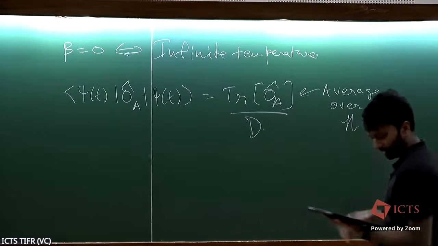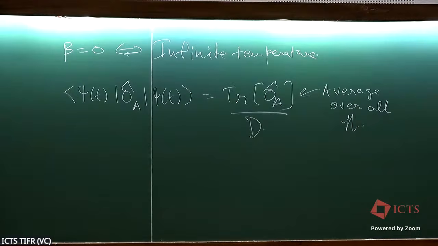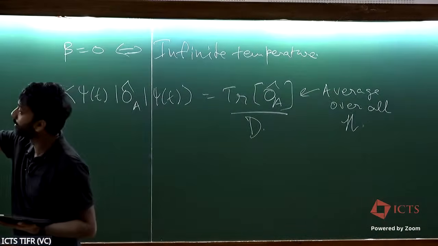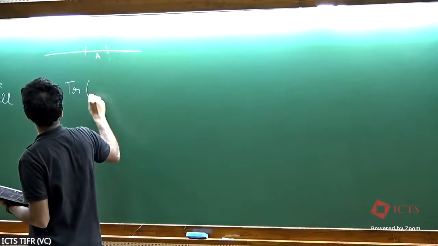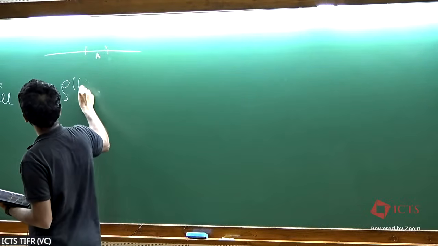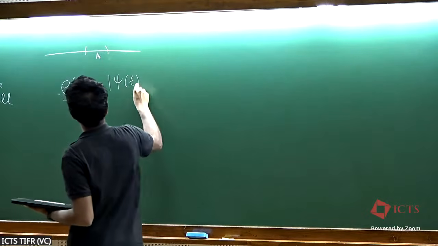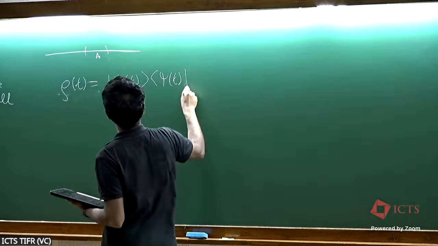So there are some consequences for things like entanglement and so on. So I'll just briefly describe those. If this kind of an equation should hold for all local operators, then you can also make a statement about the reduced density matrix. So suppose this is my system, and this is the local region A for which this equation holds. Then what you can also say is that the reduced density matrix of my final state, so suppose I define the density matrix rho of t, which is psi of t, and then take the reduced density matrix.